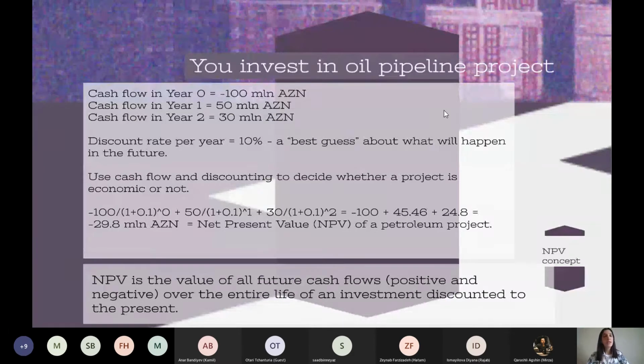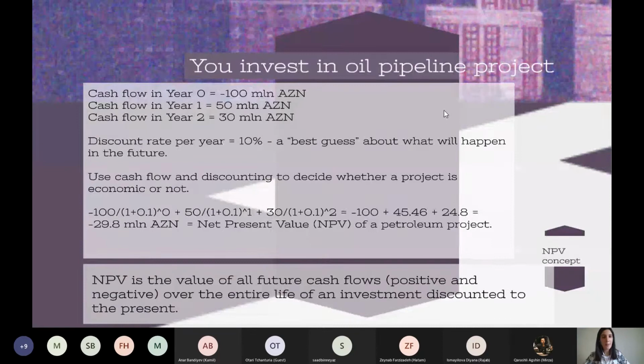So let's imagine your project just started and now you are in the production phase, and this is your first year in production. Everything went well, and you earn 50 million manats from production. But in the second year, something happened, price decreased, or maybe your expenditure increased. So that's why your cash flow will decrease to 30 million manats.